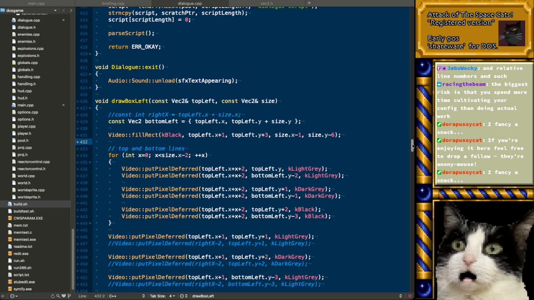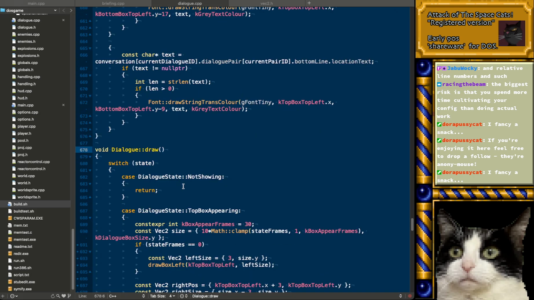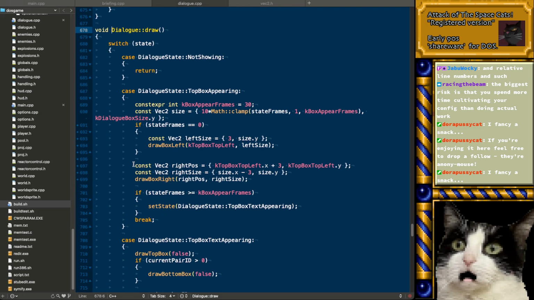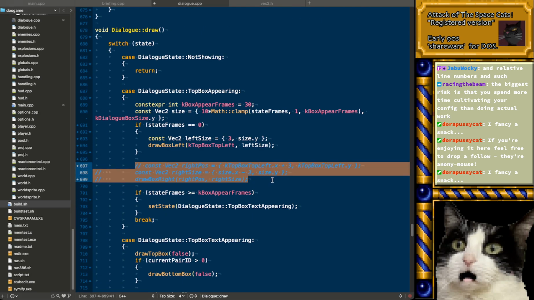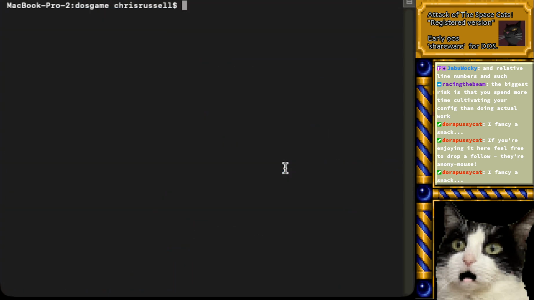I'm actually tempted, just temporarily, to switch off the right hand one, because I want to see just what that left hand box on its own looks like.